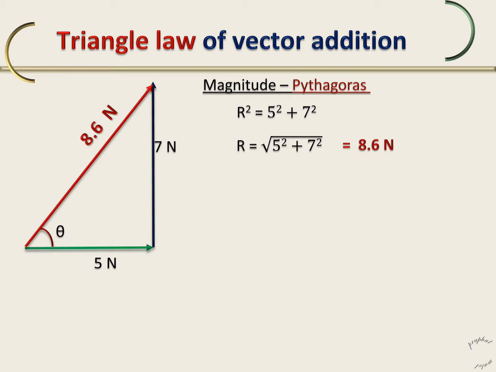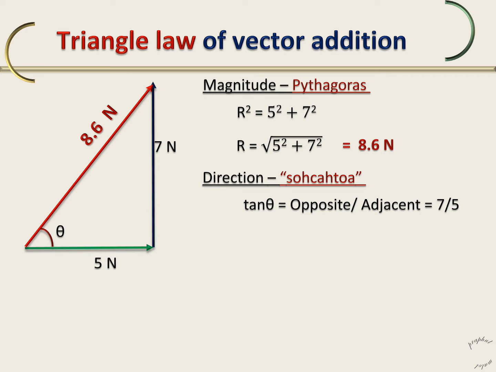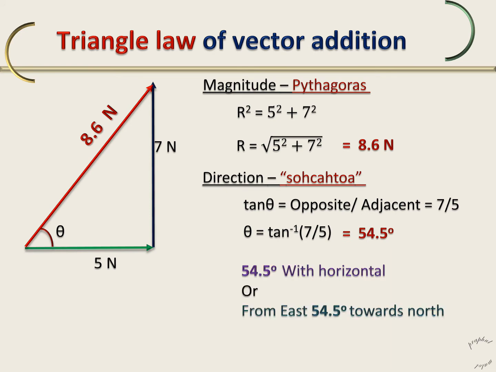Even if it's not asked, you are supposed to give it, because all vectors are completely described only with magnitude and direction. For direction we always use tan theta. I'm using tan theta because 7 and 5 are the given vectors, and I will get the angle 54.5 degrees with the horizontal, or from east 54.5 degrees towards the north.